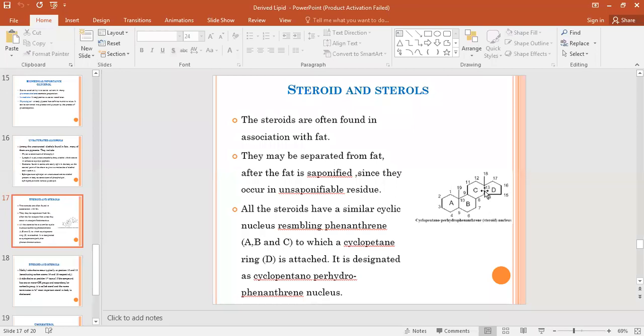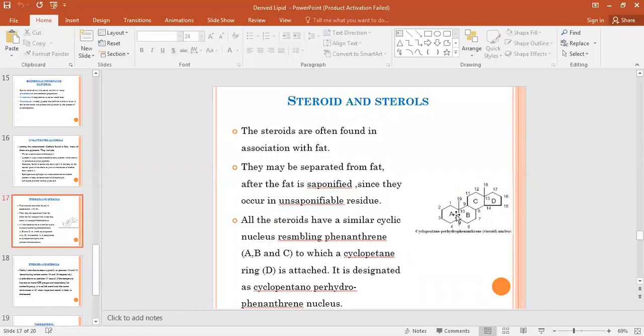The cyclopentane is attached to the phenanthrene in the nucleus of the steroid. It is designated as the cyclopentano perhydrophenanthrene nucleus. This nucleus is present in every steroid.